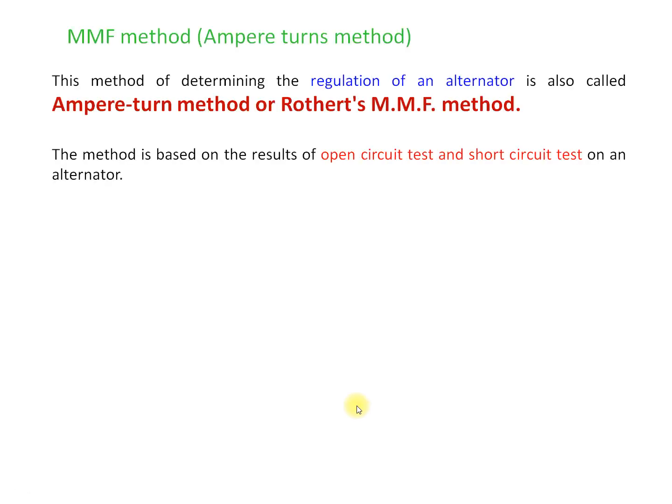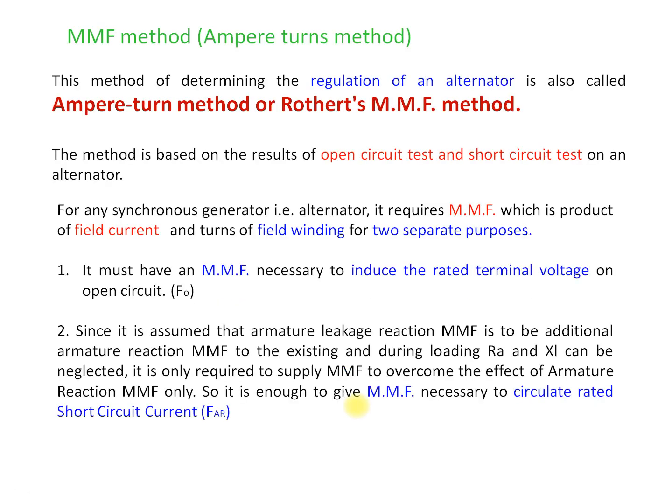So the next one will be the MMF method. In the EMF method, we will be converting the values of the MMF values into the EMFs. But in the MMF method, we will be converting all the EMF values into the MMF values.